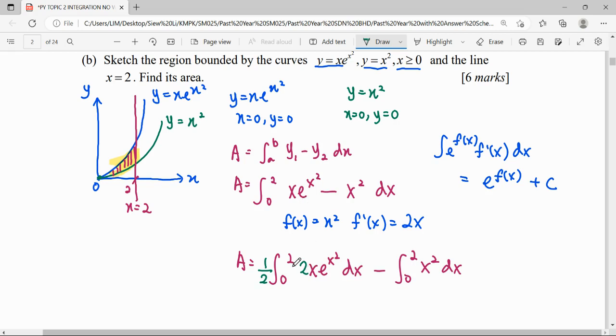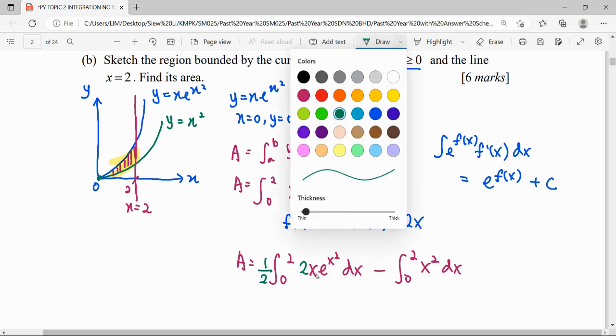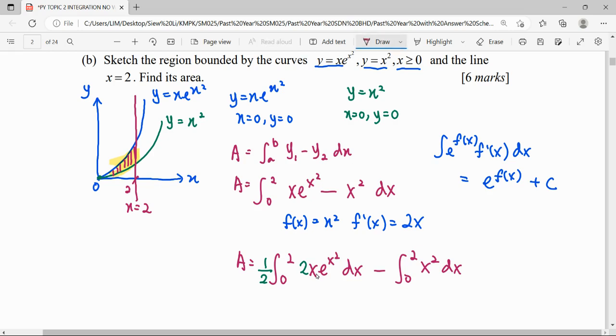It still has an equivalent value, but we can get this pattern. So this is our f'(x) e to the power of f(x), where the differential function is beside it. To integrate this, it will bring us back to e to the power of f(x) only. So 1 over 2 e to the power of x squared, where the upper limit is 2 and the lower limit is 0.